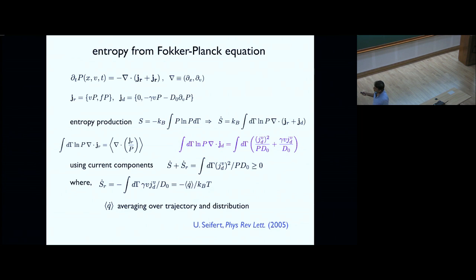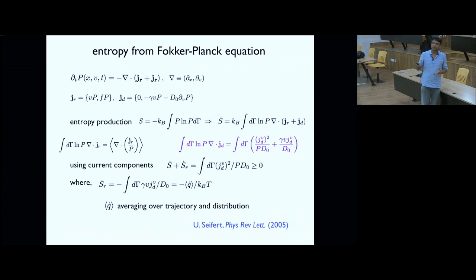The reversible current part is given by, first, the velocity of the particle, and second, this external force, which I assume doesn't change its sign under time reversal. For the dissipative part of the current, the positional side has nothing. For the velocity component, it has two parts. One is coming from the dissipation gamma, and the other part is from the stochastic forces. Then one can write down the total entropy in the system in terms of integration over dx and dv, the phase space integral, and write down a time derivative of this entropy production.